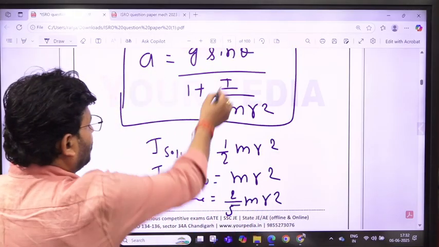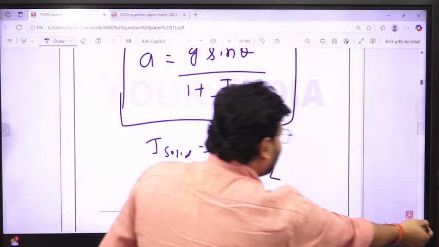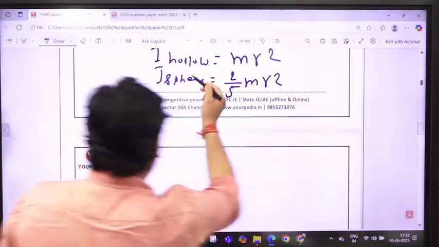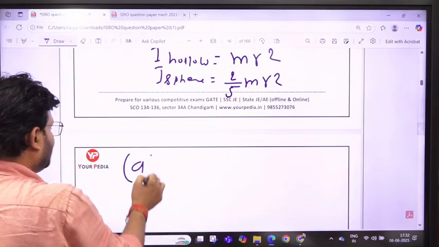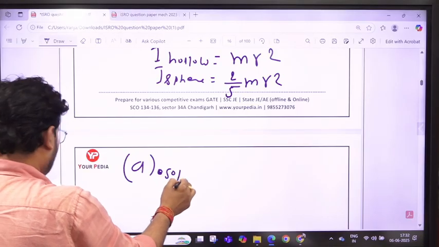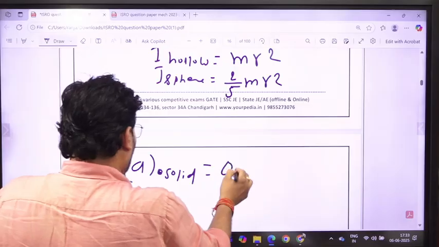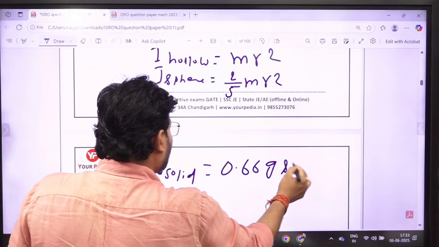Now put those values in the formula, and by solving that we get the acceleration of the solid sphere, which comes out to be 0.66 g sin theta.